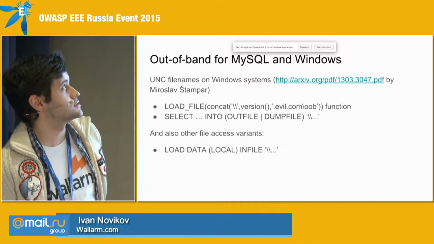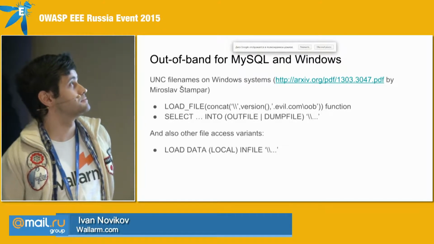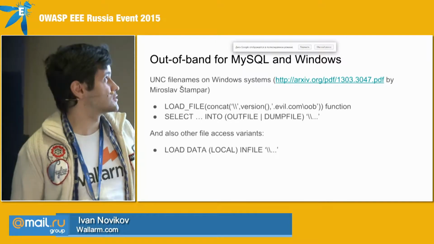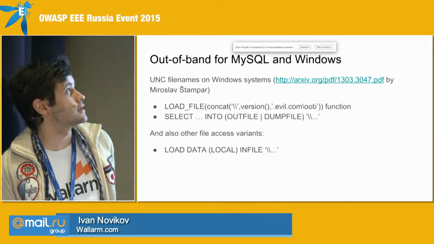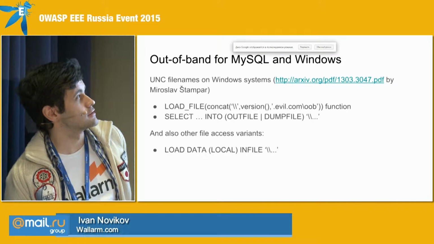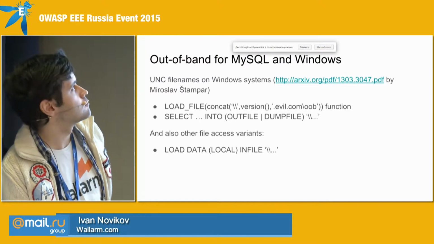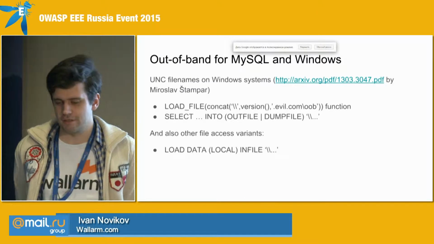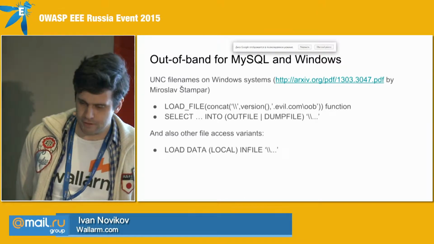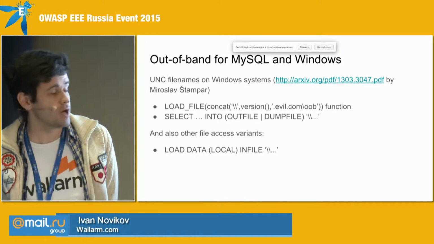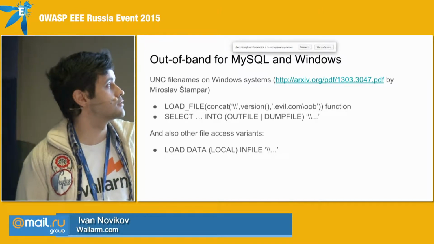So, now I'll talk about out of band for MySQL and Windows. The first description of this kind of exploitation you can find in this article by Miroslav Stampar. It's a really nice guy, and also the author of the sqlmap utility. I think you know that.